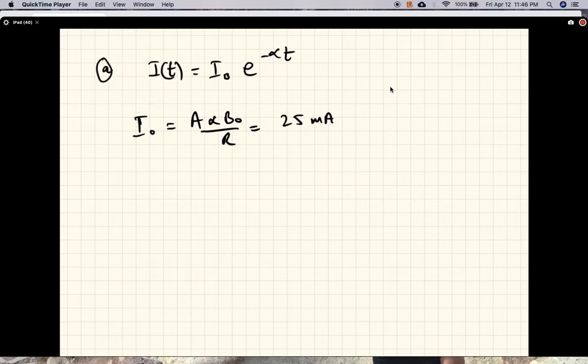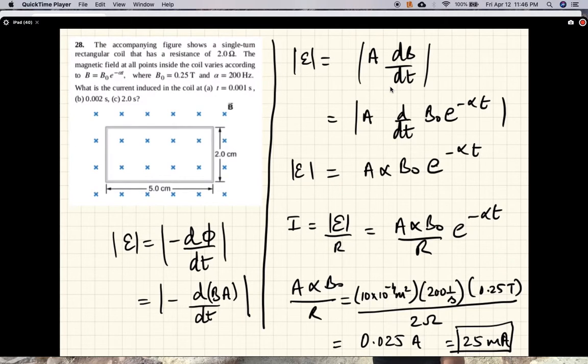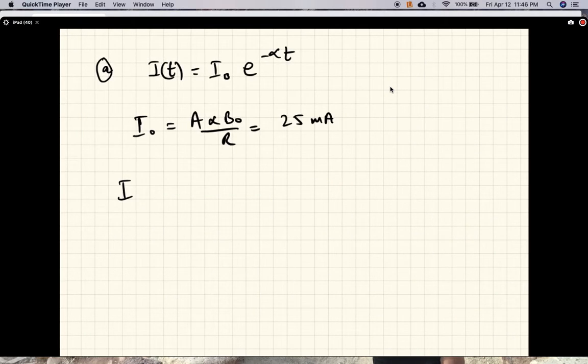So I at t equal to 1 millisecond, so 0.001 second, equals 25 milliamps times e to the power of minus 200 hertz times 0.001 second.